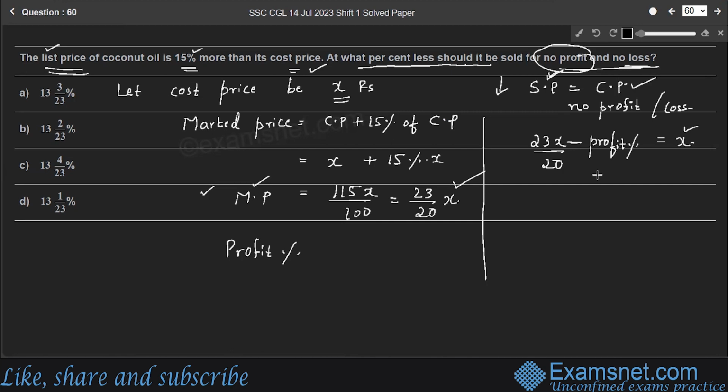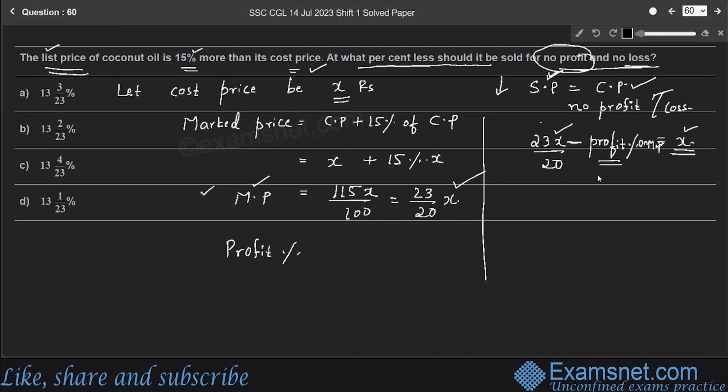If you subtract the profit percentage, then you will get the cost price, which is equal to the selling price. So market price minus profit percentage on market price, the profit percentage on the same value 23x by 20, should be equal to x. Then only there will not be any profit or loss. This we are going to prove here.